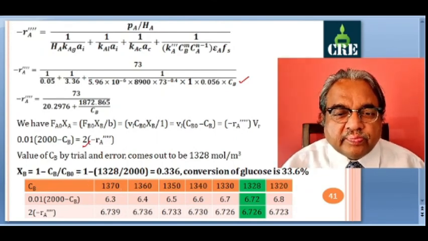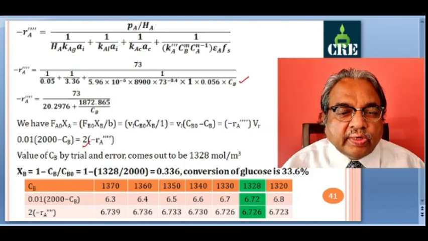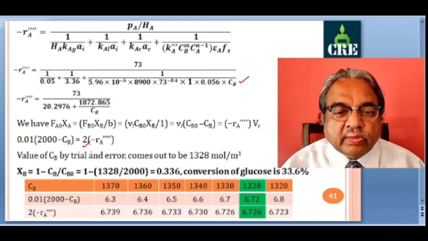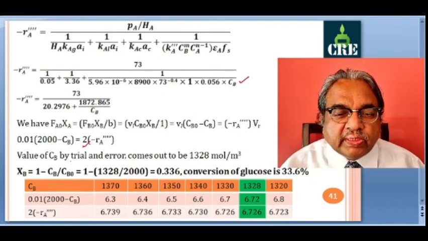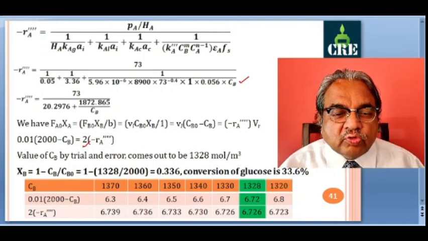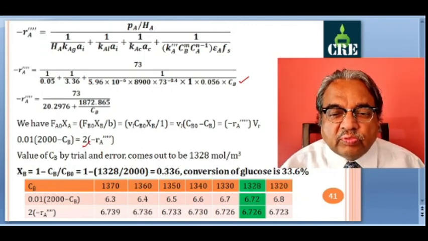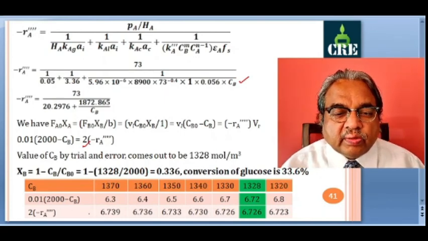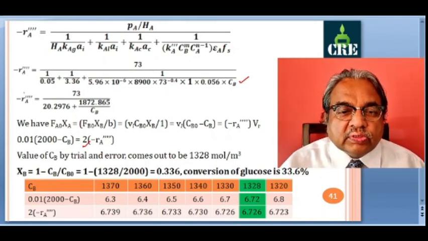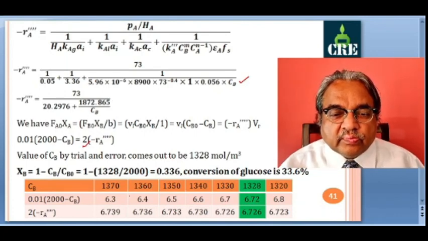So Xb we have to calculate once you know this Cb value where these two should match, when left hand side is equal to right hand side for whatever value of Cb, that is our solution. So 0.01 into 2000 minus Cb, with these Cb values tabulated here, and 2 into minus Ra triple prime, because you will change the value of Cb here and this value will change.